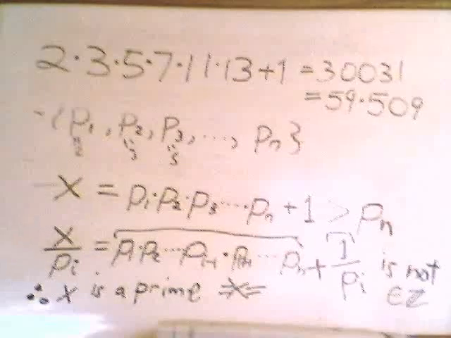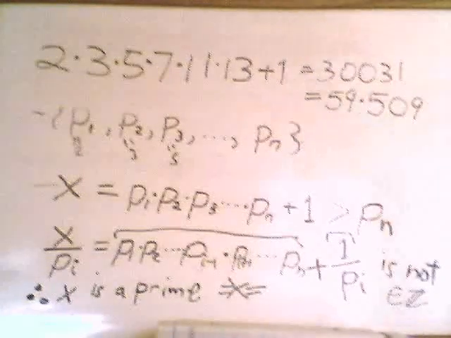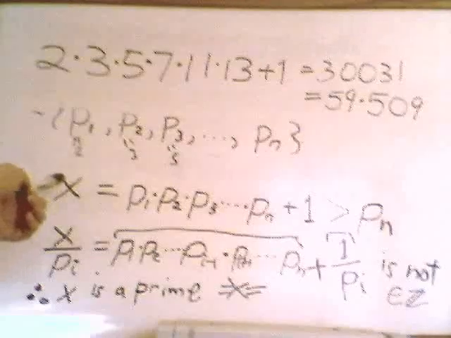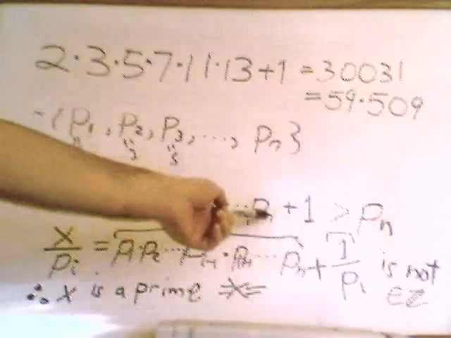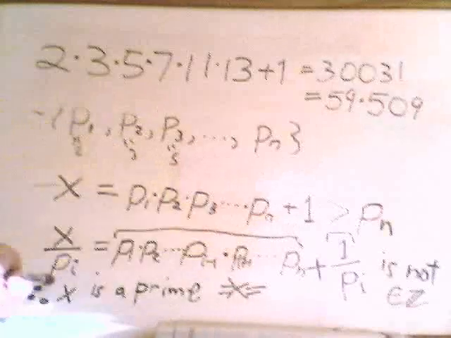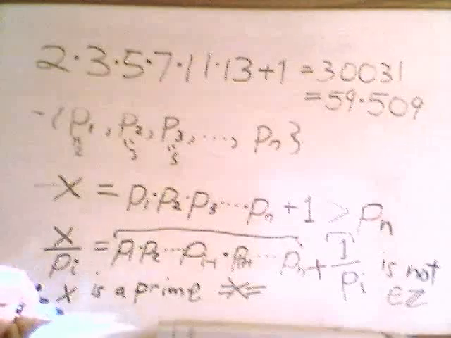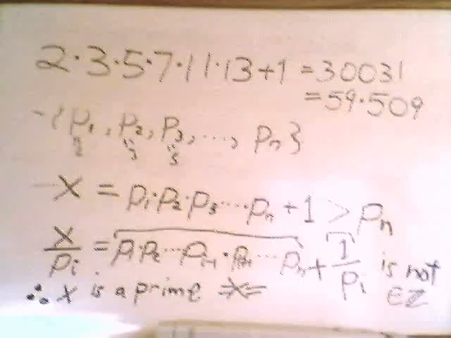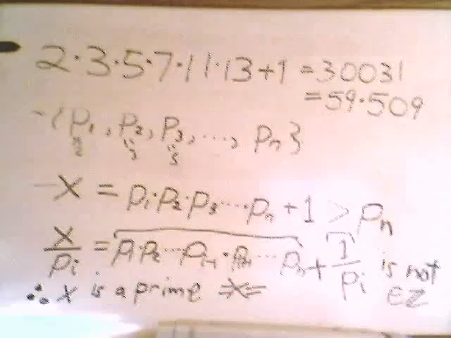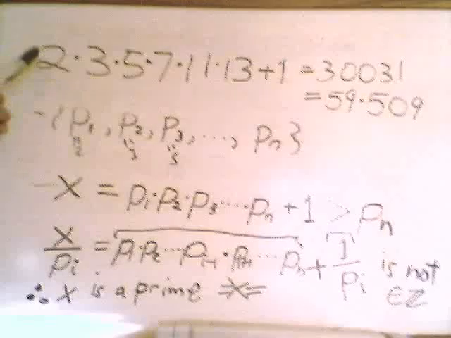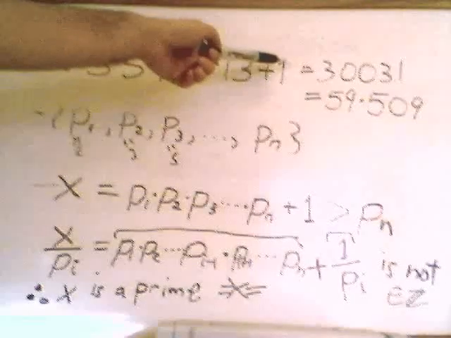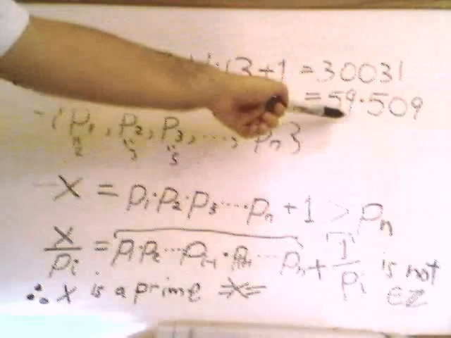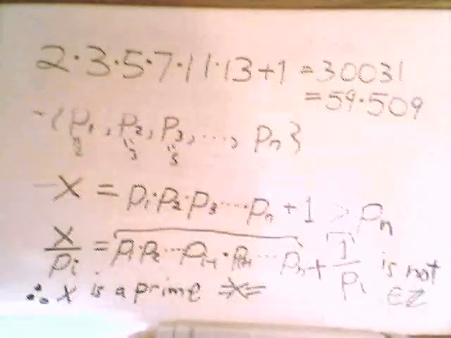So the question is, wait, when we did our proof here, what we had done is we had taken the product of all these primes, added 1, and we created another prime. That was during our proof step, as you recall. So when I go ahead and do this, take this list of primes here, 2, 3, 5, 7, 11, 13, multiply them together and add 1, I ended up here with a number that isn't prime.